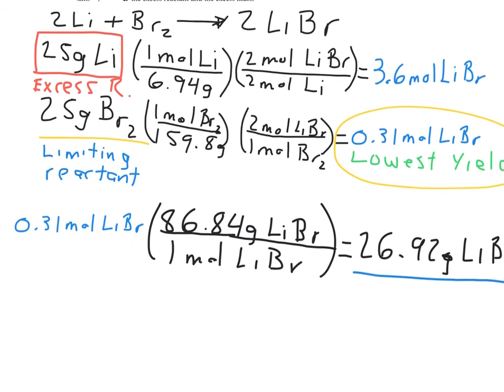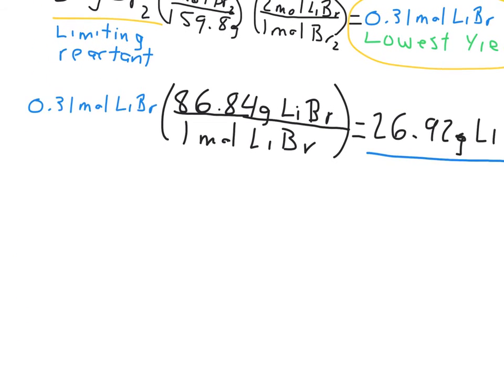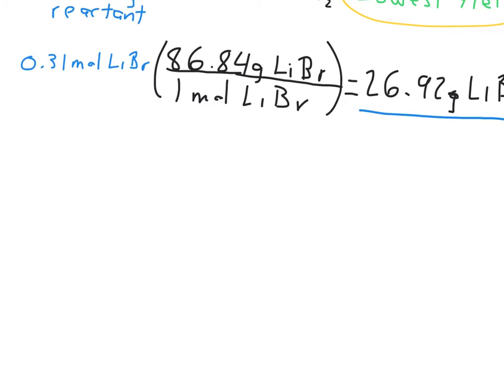I told you that we can start with the same mole amount of the product to determine how much of the excess reactant was used. So I'm going to use that 0.31 mole of lithium bromide and transform it into the grams of lithium, the excess reactant.